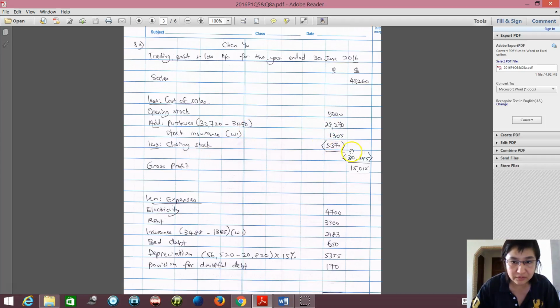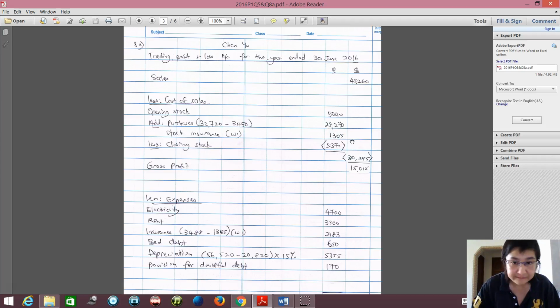The closing stock is correct because it is taken at the stock take at the year end. This question has strongly indicated that the company is using a periodic stock system, not a perpetual stock system.